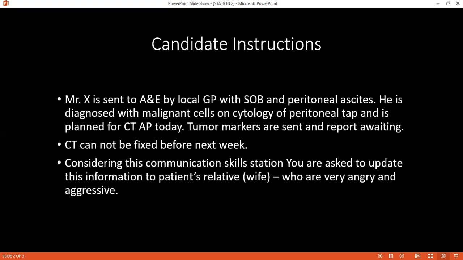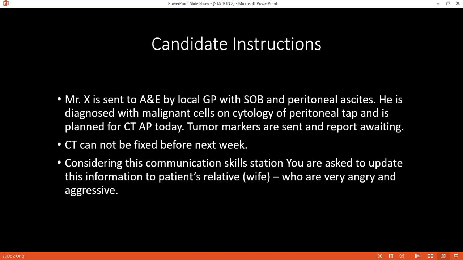Yes, I'm extremely sorry. I understand that you are going through a tough situation. First, let me explain why this CT scanning has been requested. Your husband was referred by the GP to Mr. Mann a few weeks ago with tummy swelling.